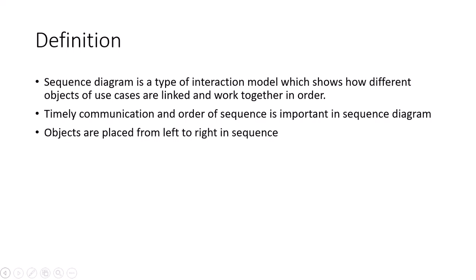Also remember that after drawing the use cases and then sequence diagram, we draw the class diagram, or class diagram can also be drawn before sequence. But these 3 diagrams become the base for the software designing. So 2 types of designing. One is the high level design, another is the low level design.